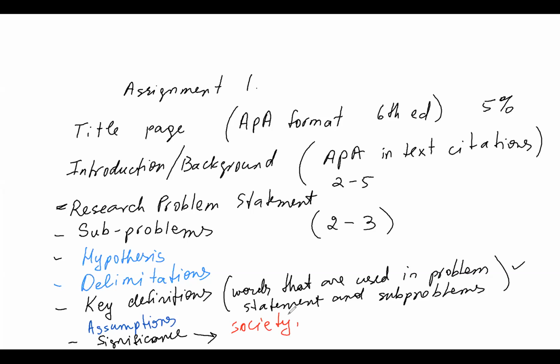Let's say I did my research and I found out that certain fuel blends are less environmentally friendly than the others, which means when I finish my research and implement it, it will be good for the environment. It could be good for the economy, or it could be good for all three.